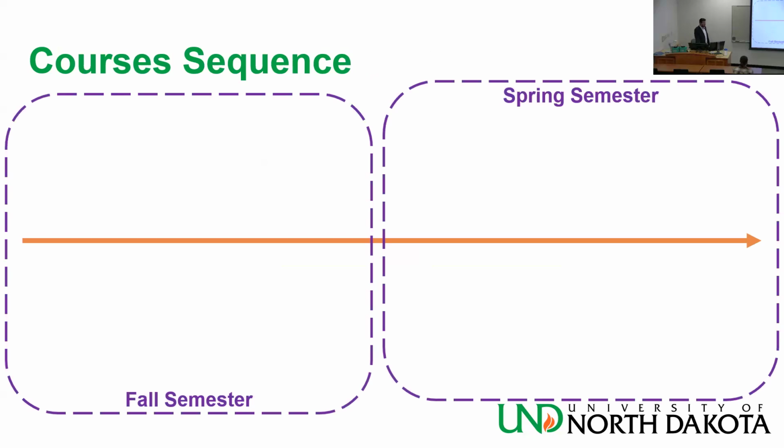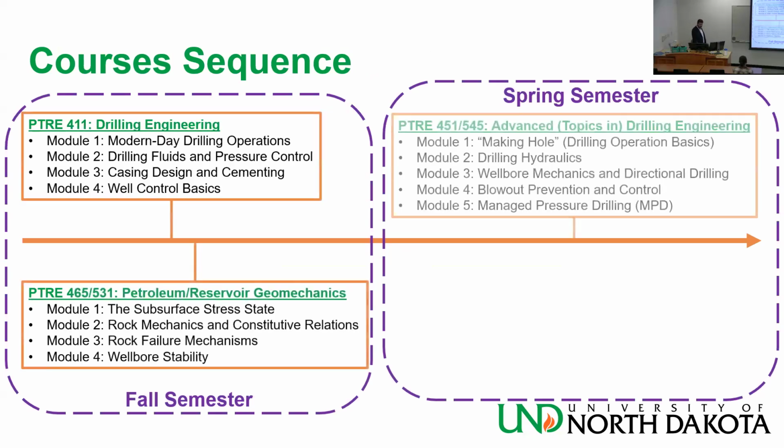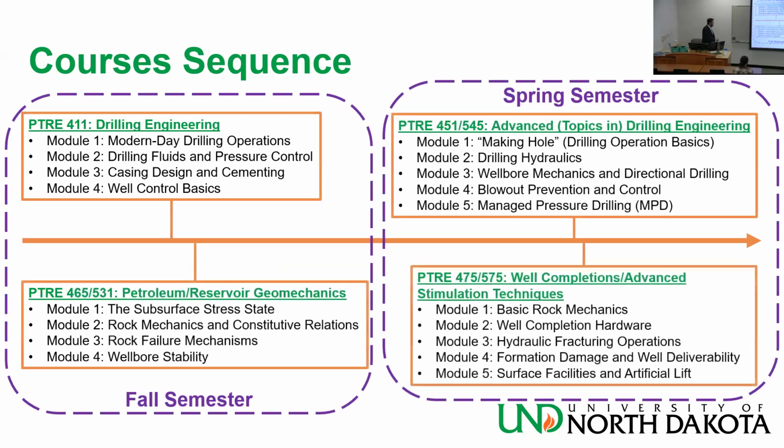Now, this class is a part of a sequence of 4 classes that you are gonna take by me, the undergrads. And this is class number 3, okay? That means if you're an undergrad and you are in this class, you have passed drilling engineering and you have passed advanced drilling engineering. And you're taking this class this semester, and next one you're gonna take well completions with advanced stimulation techniques.